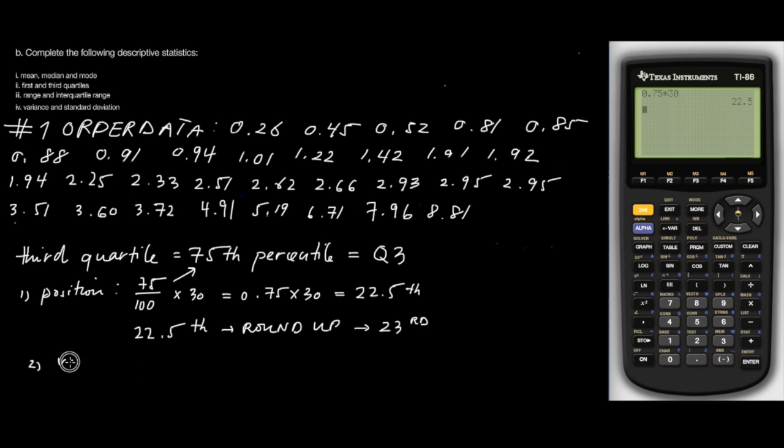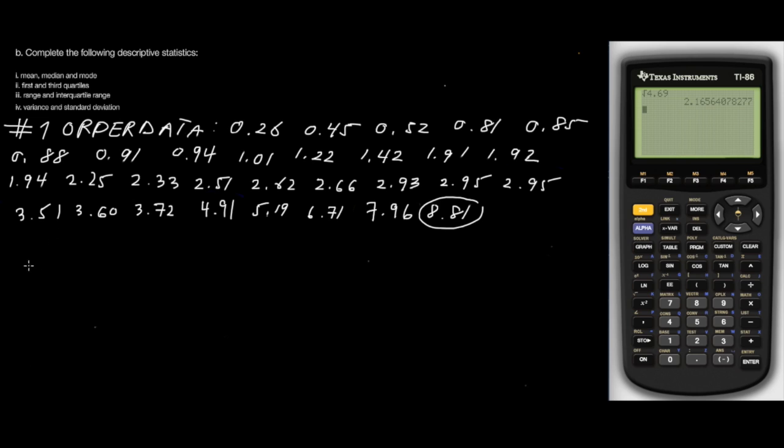So we will look for the value at the 23rd position, which is 1, 2, 3, 4, 5, 6, 7, 8, 9, 10, 11, 12, 13, 14, 15, 16, 17, 18, 19, 20, 21, 22, and 23. So our value here is 3.51, which is right here at the 23rd position.